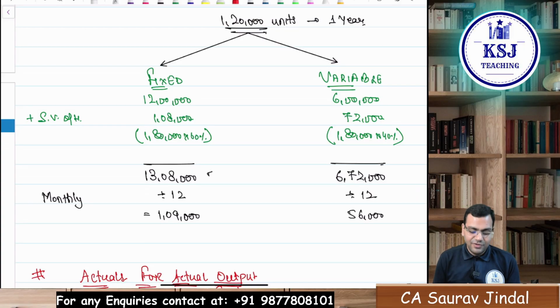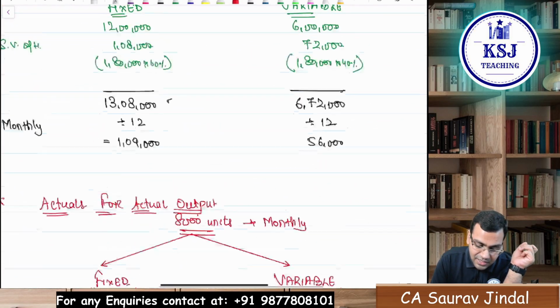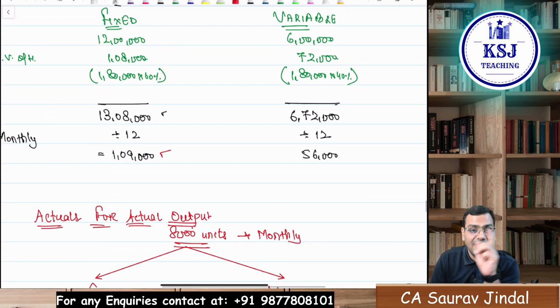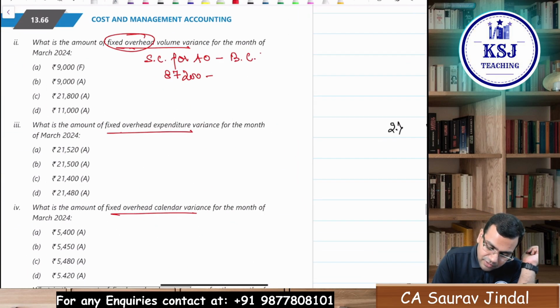No sir, here we will not take 13,08,000. Why? Because 13,08,000 is the cost for the whole year, whereas this 87,200 is for one month. That means here we will take this cost 1,09,000. That is why I calculated this 1,09,000. That is the budgeted cost for one month.